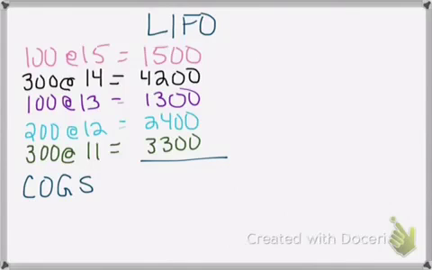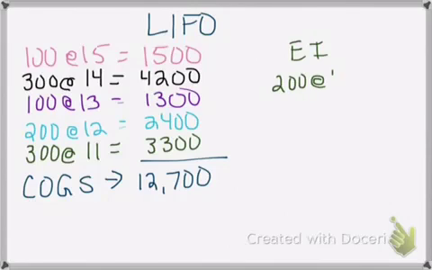So when I total this up, what I end up with for my cost of goods sold under this LIFO periodic system is going to be $12,700. And then we had, for that ending inventory that we were looking at, remember we still had 200 at 11, and then we have the 100 at 10.